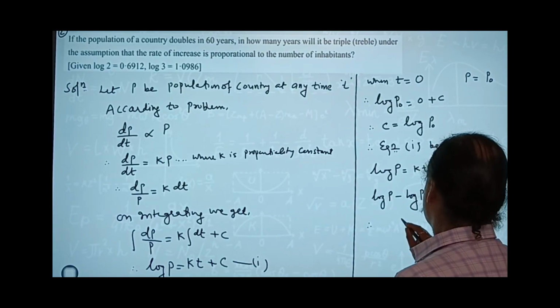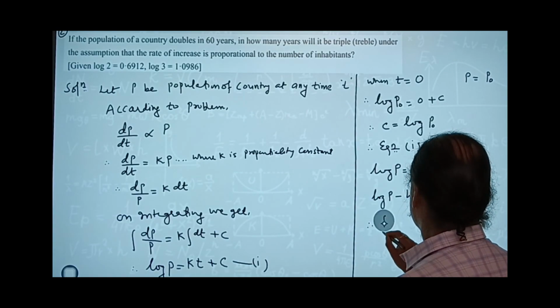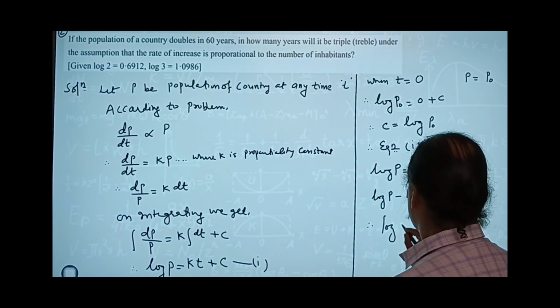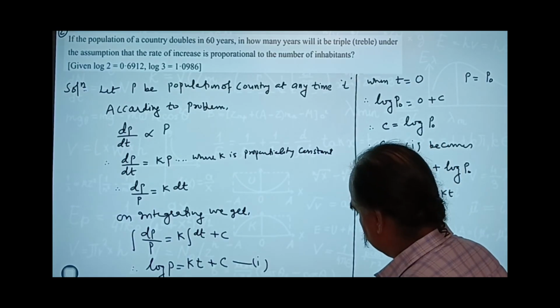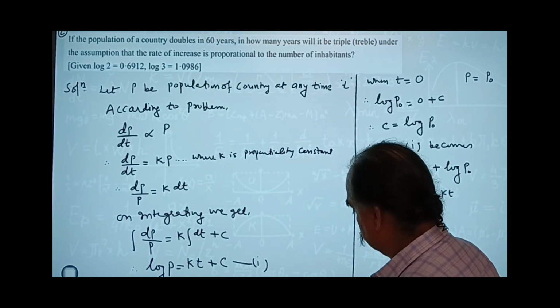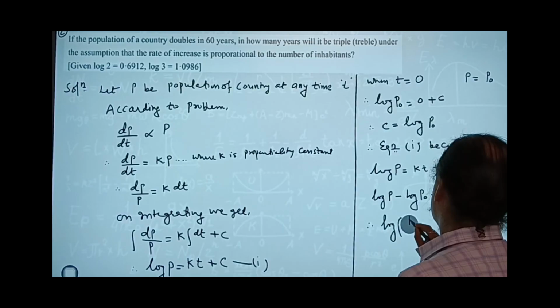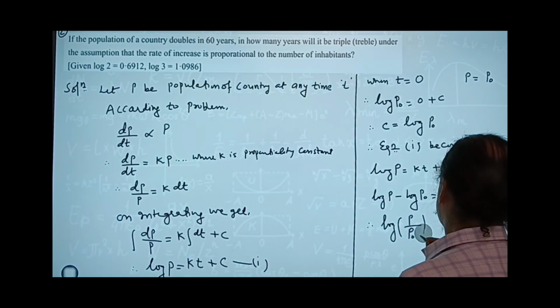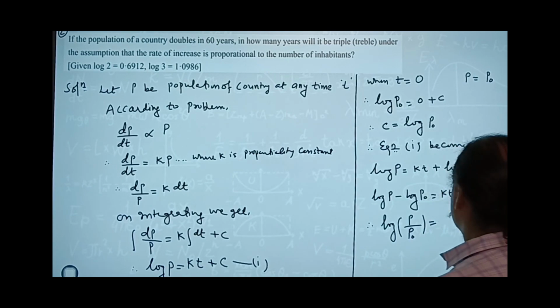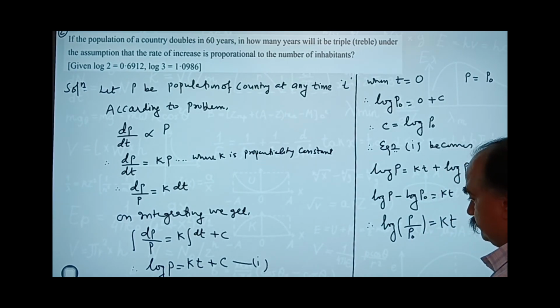Therefore, log p upon P0 is kt. This is equation number 2.